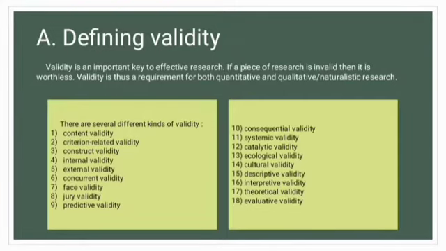There are several different kinds of validity: content validity, criterion-related validity, construct validity, internal validity, external validity, concurrent validity, face validity, jury validity, predictive validity, consequential validity, systematic validity, catalytic validity, ecological validity, cultural validity, descriptive validity, interpretive validity, theoretical validity, and evaluative validity.